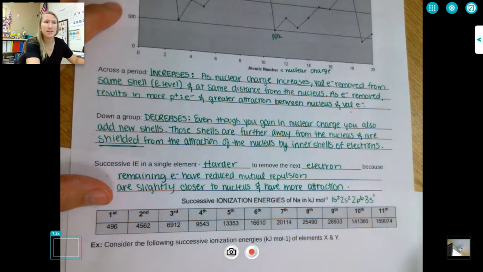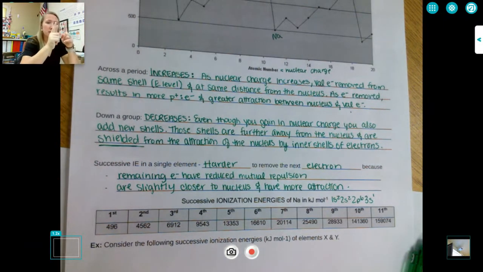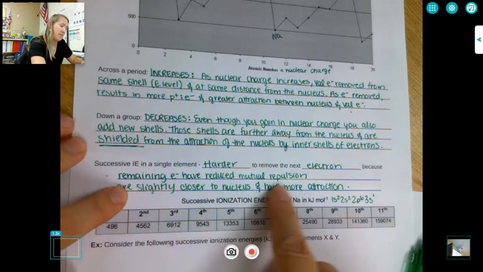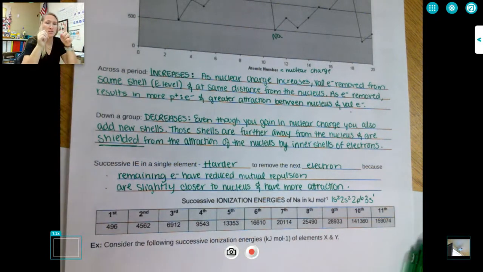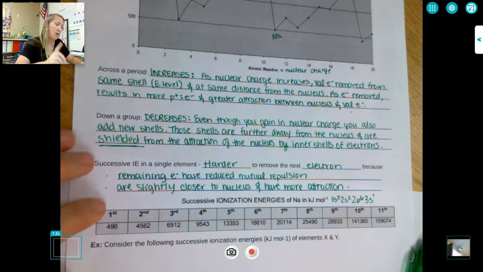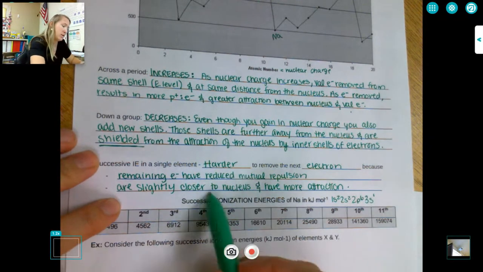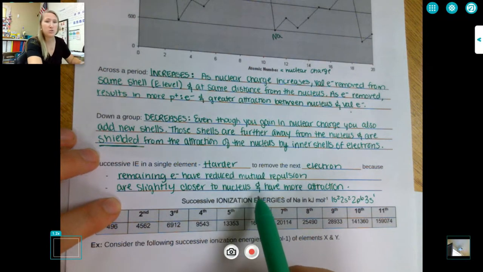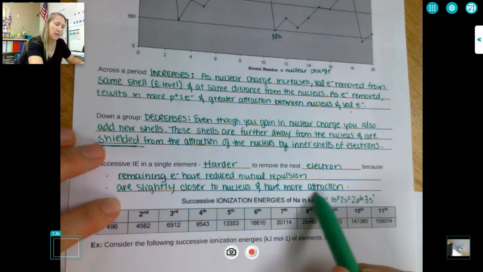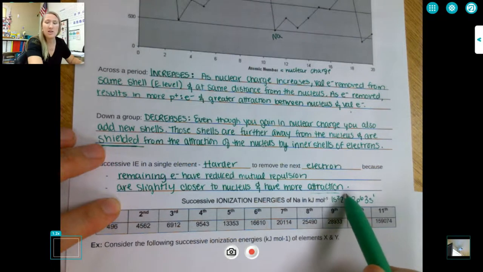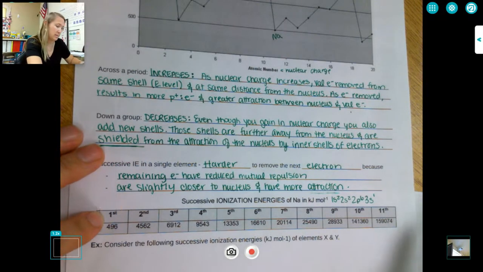I know things that are like charge repel each other. So two electrons are going to repel each other because they're both negatively charged. If I have less of them around, they're going to start to get closer together because there's less pushing them apart, repelling them. Also, I'm then getting closer to the nucleus. And if I'm getting closer to the nucleus, I'm increasing my Coulombic attraction of my electrons to the nucleus.